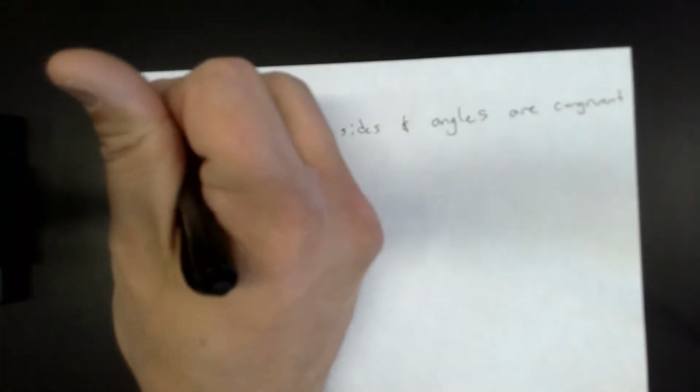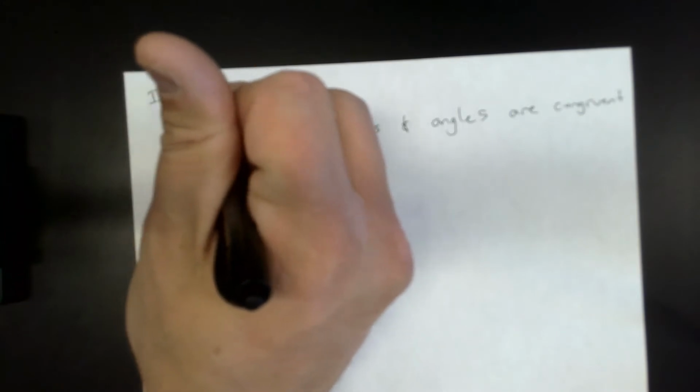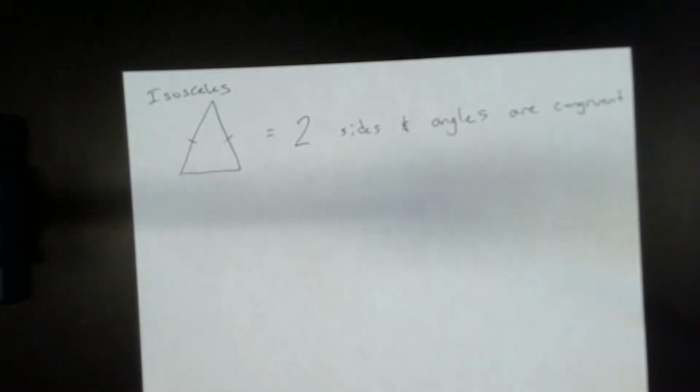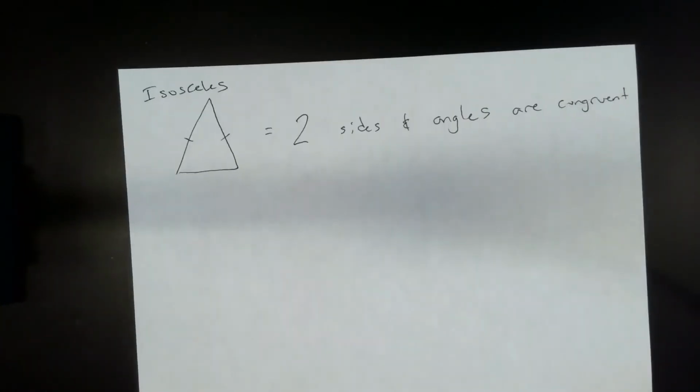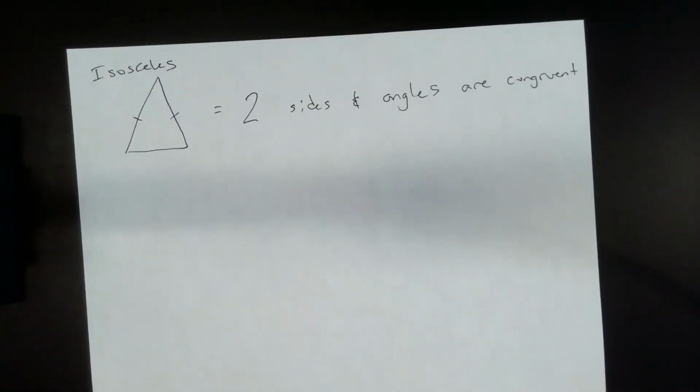So isosceles triangles, is it blurry? What the heck? Alright, so isosceles triangles have two sides and angles that are congruent. Now, here's an interesting question for you.